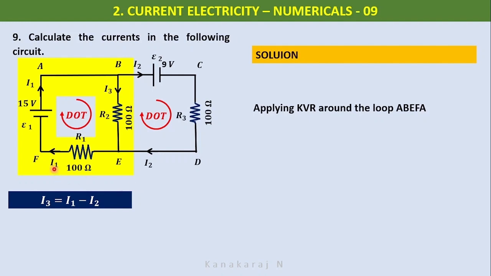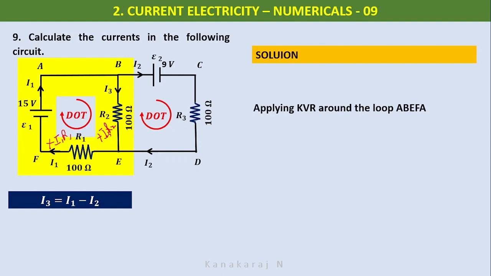Now, I1 R1 is in the direction of traversal, so I1 R1 is positive. I3 R2 is also in the direction of traversal, so it is positive.